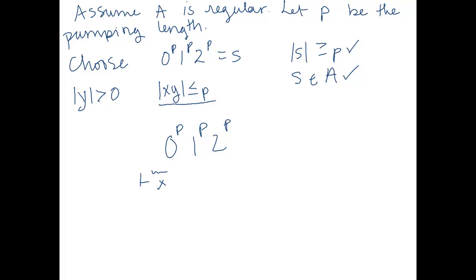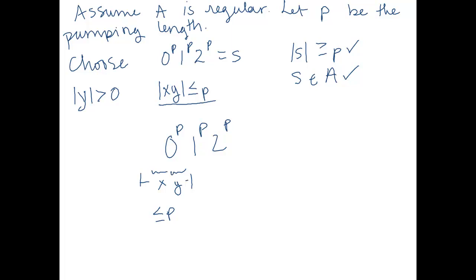Well, Y can't go past the zeros. Okay, why am I saying that? Because this total length has to be less than or equal to P. So I can't shift Y any further to the right.